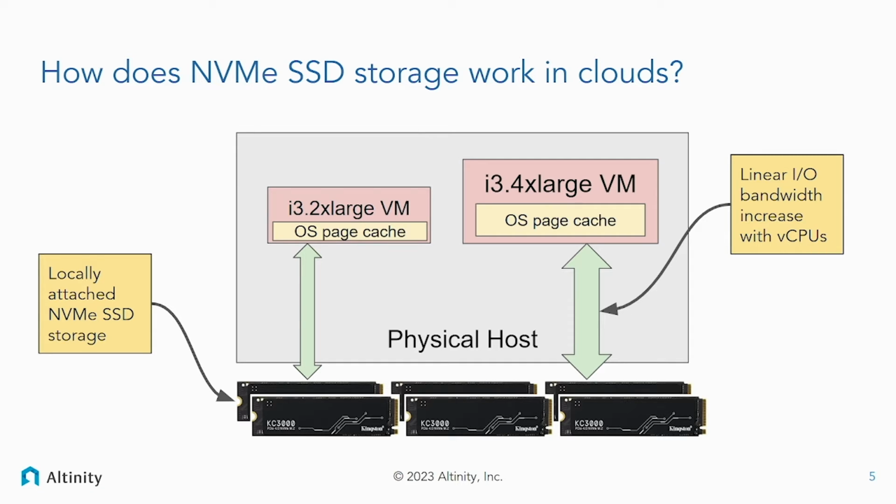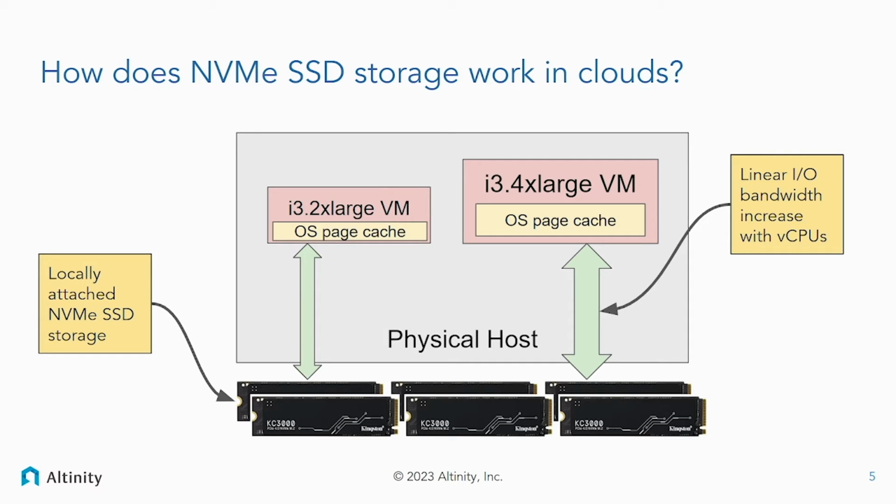It has NVMe SSD attached, so presumably there's a PCI Express bus down there. Then we have VMs riding on top of that, and we get some guarantees from Amazon about what portion of that storage they're going to get. The storage, once again, is locally attached.